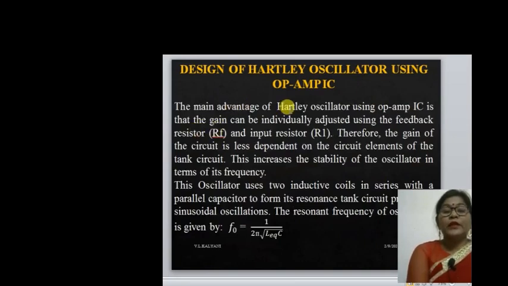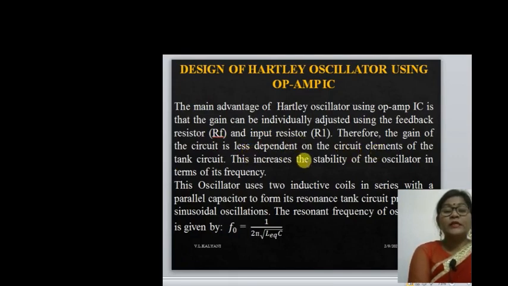The main advantage of the Hartley oscillator using op-amp IC is that the gain can be individually adjusted using the feedback resistor RF and the input resistor R1. You can adjust the gain using these two resistors, and therefore the gain of the circuit is less dependent on the circuit elements of the tank circuit.